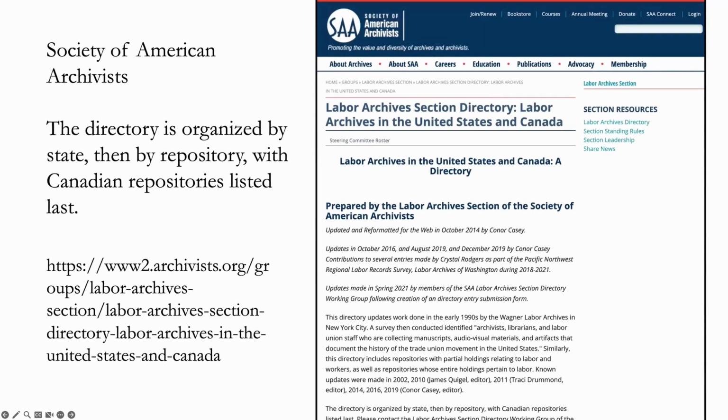Now we're still talking about labor, but now we're getting into the Society of American Archivists, and what they have done is compile the labor archives. So here's a United States and Canadian directory of archives where labor records are kept. And it's possible to get into these types of records for doing research about individuals and their participation.